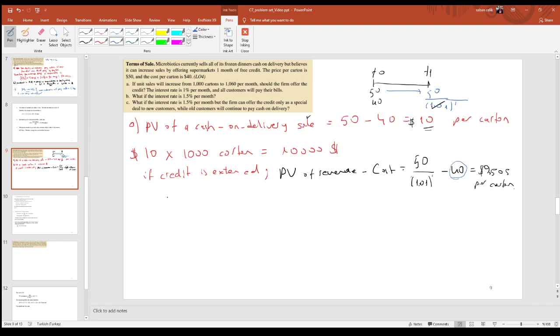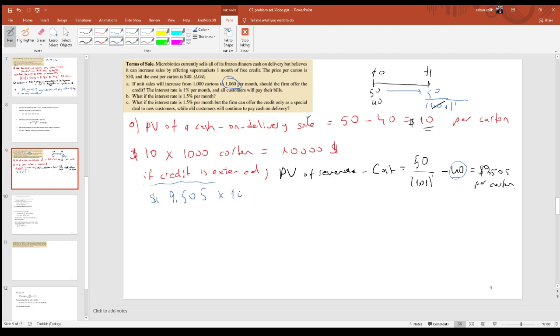Now here, if you use the credit option, you're going to sell 1060 cartons instead of 1000. So your revenue here will be $9.505 per carton.